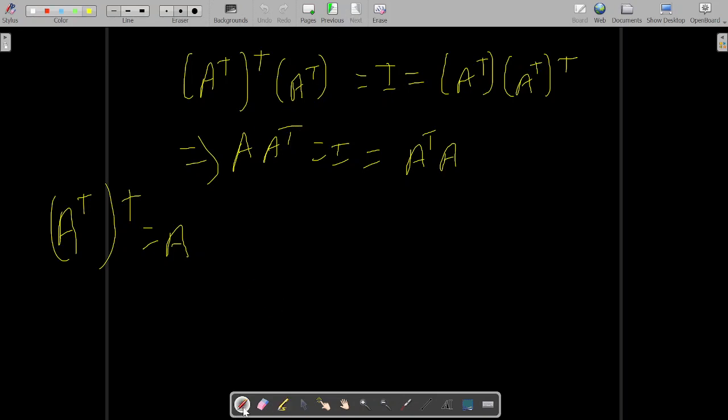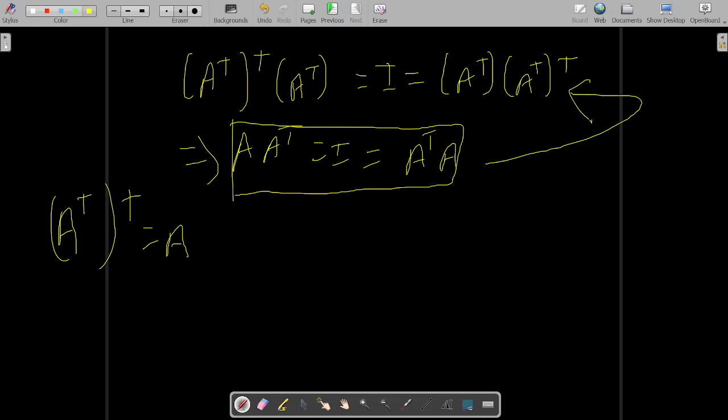But this statement does not prove that A transpose is an orthogonal matrix. The previous step, this one, clearly proves that A transpose is an orthogonal matrix.